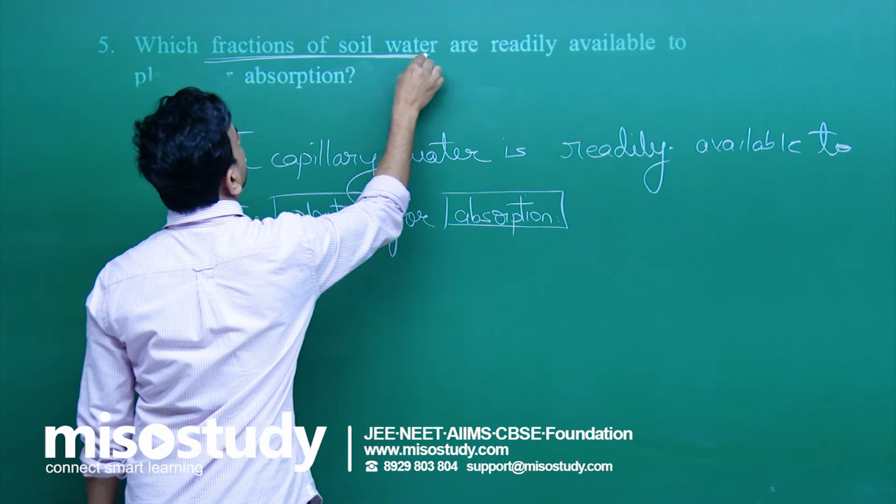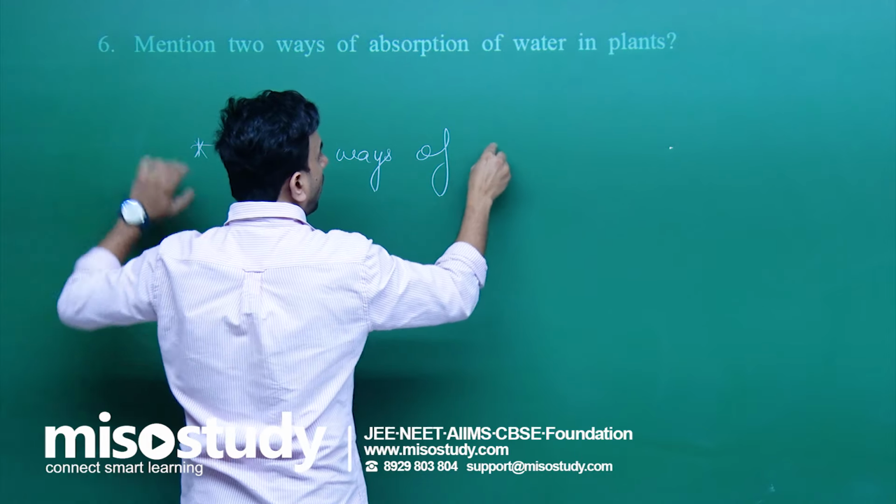Mention two ways of absorption of water in plants. We are doing the sixth question.